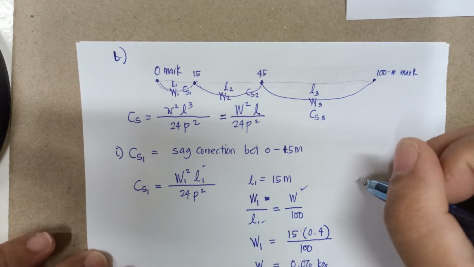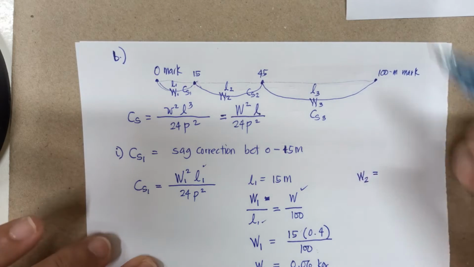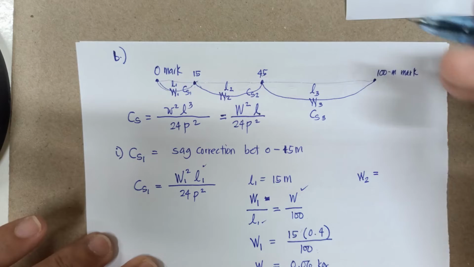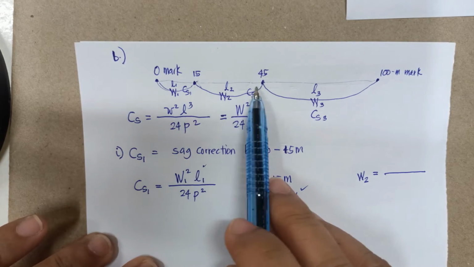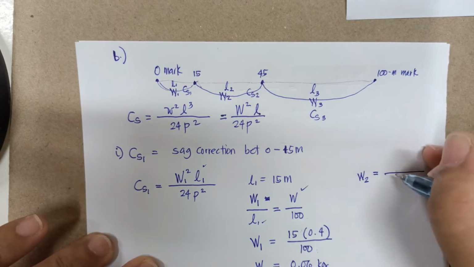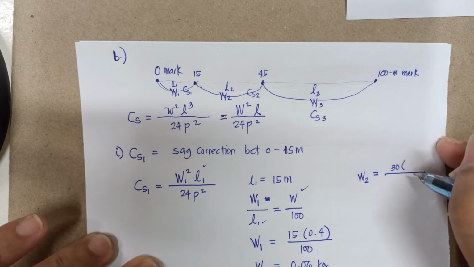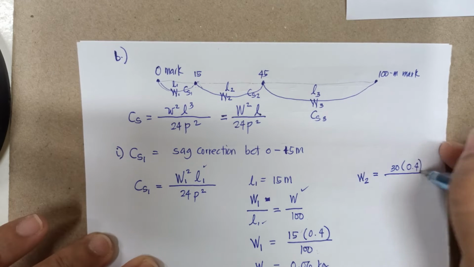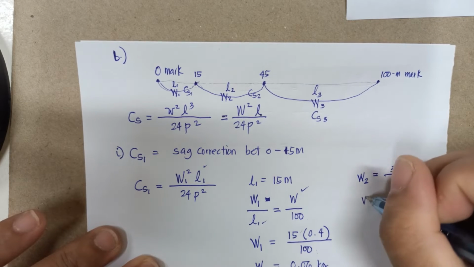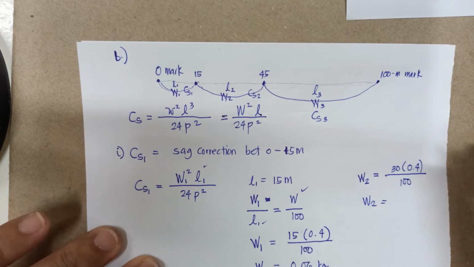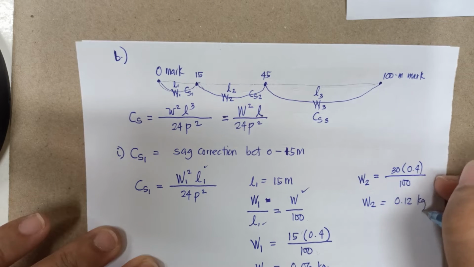For W sub 2, we will first solve the weight per support. W sub 2, that is 45 minus 15, so of course that is 30, times the total weight of the tape, that is 0.4, divided by 100, will give us 0.12 kilograms.